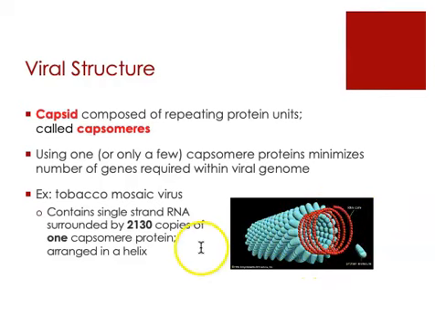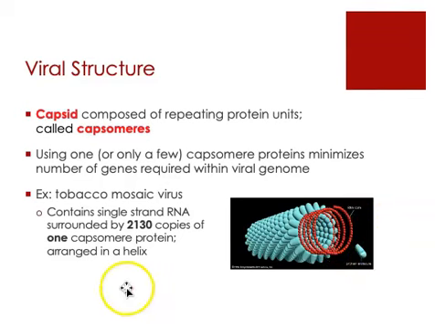And in this type of virus, this elongated shape of virus, the genetic material just sits in the center like a long helical structure. And the protein capsid surrounds that helical structure. The tobacco mosaic virus, like many viruses, has only one kind of protein in its capsid.